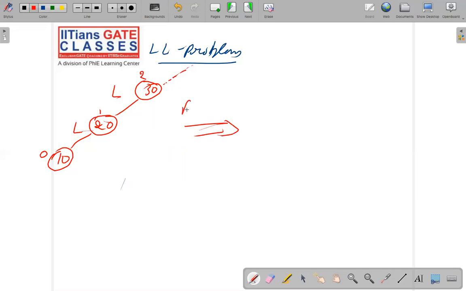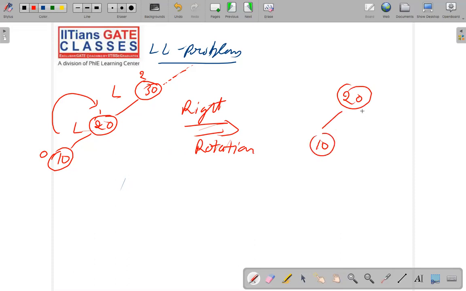This can be solved using right rotation. So we will rotate it like this, in this direction. After right rotation, our tree will look like this. Wherever 30 was connected, 20 will connect to the same node. We are considering 30 was the child of some node, and 20 will replace it.